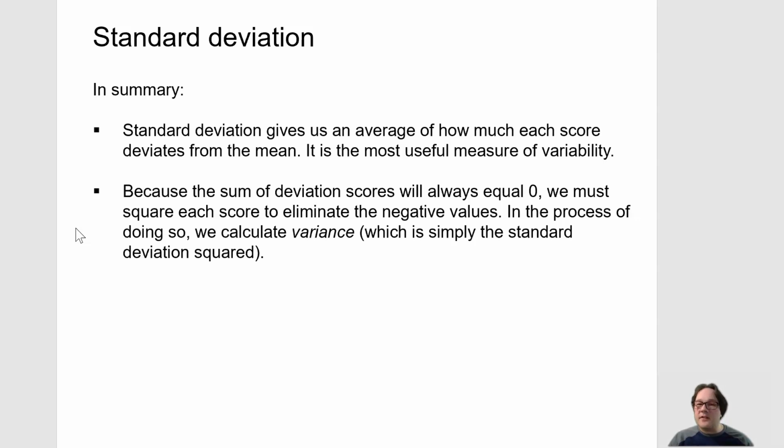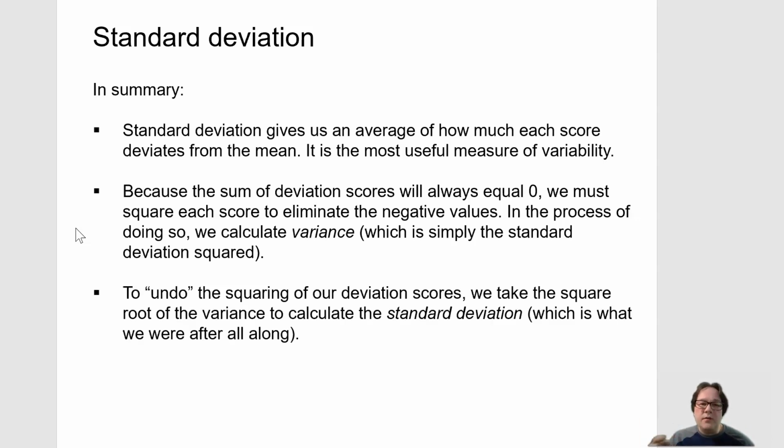And in the process of doing that, we calculate something called variance, which is simply the standard deviation squared. So the standard deviation and variance are just transformations of each other. Variance is standard deviation squared. Standard deviation is the square root of variance.